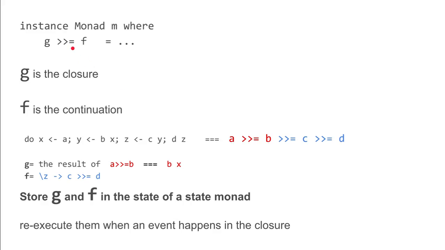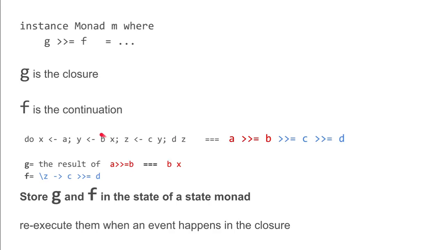So let's see this concatenation, which is the same as this, but in Haskell. Desugaring, the expression is something like this. A is executed and generates an output which is passed to B, which generates output which is passed to C, which generates output that is passed to D.